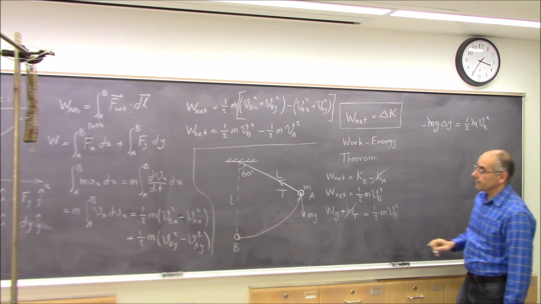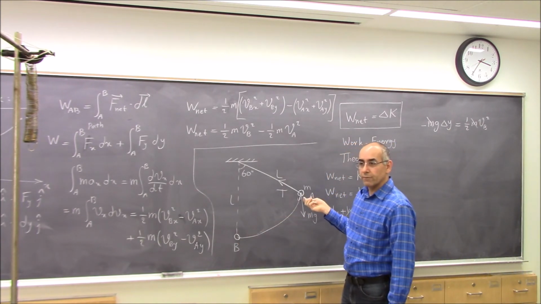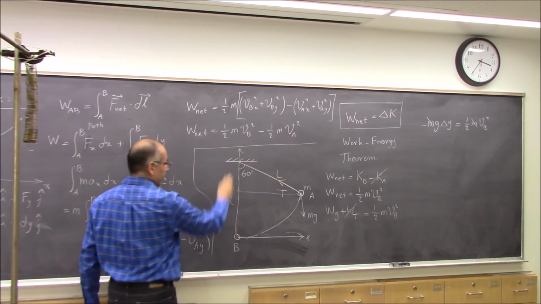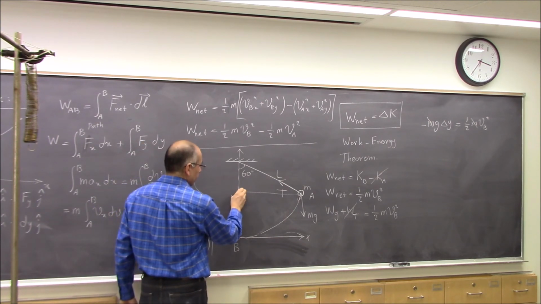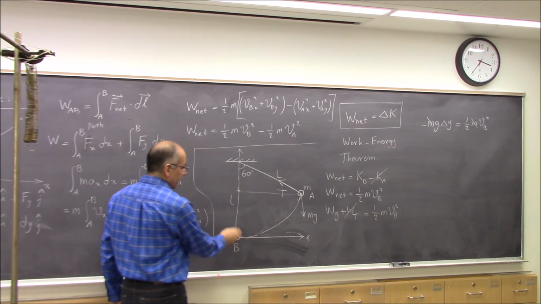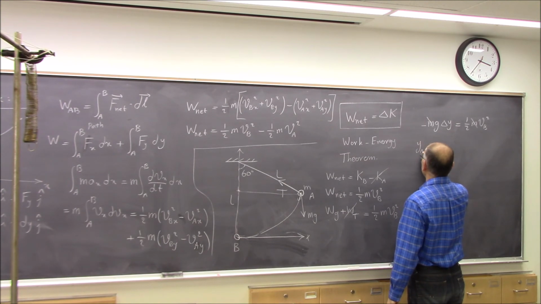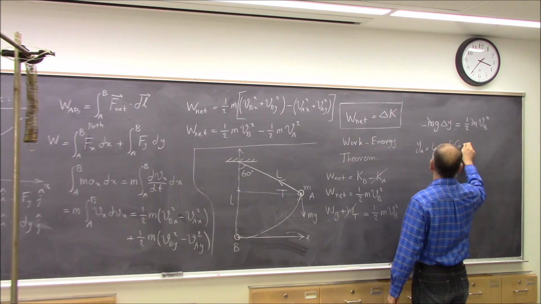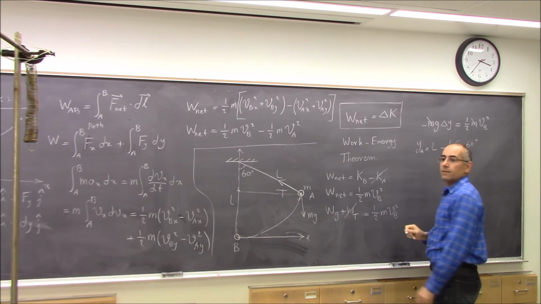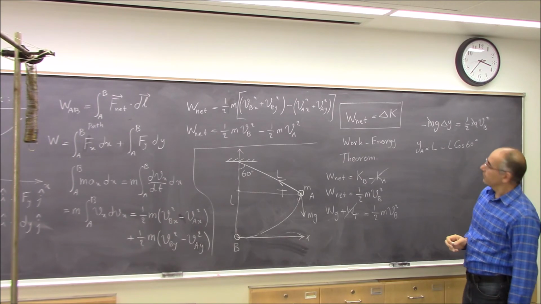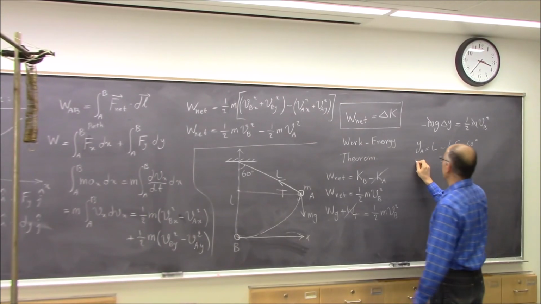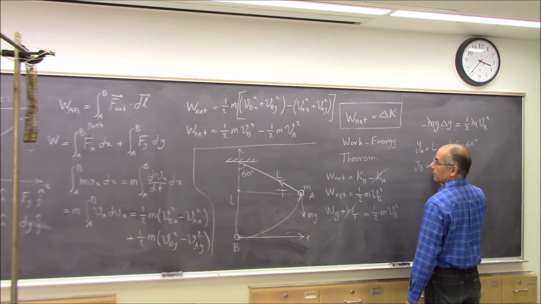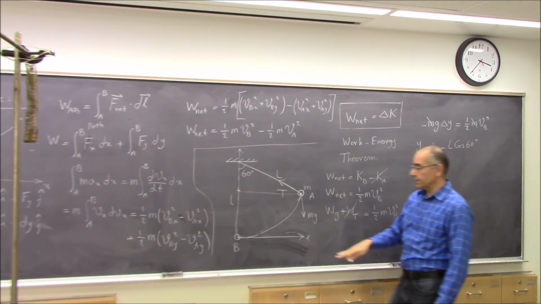If I make horizontal here, x and y, what is Y_A and what is Y_B? Y at point A is L minus L cosine 60, and then Y at point B is 0, if you put the x-axis there.